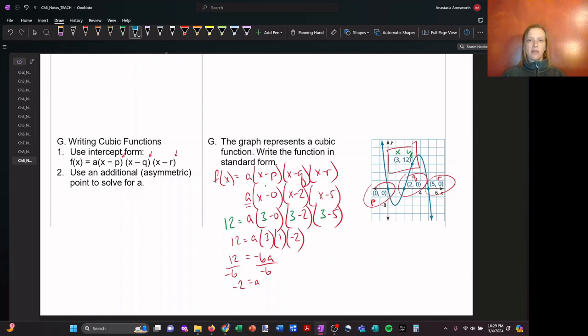So I'm going to take this version of the equation and plug a equals negative 2 into that version of the equation, and I get f of x equals negative 2 times x minus 0 times x minus 2 times x minus 5.